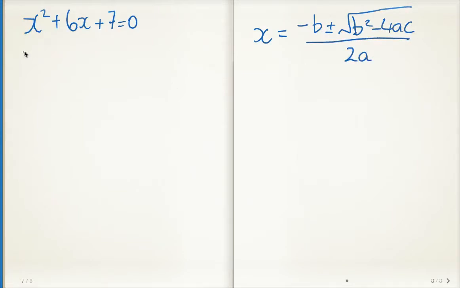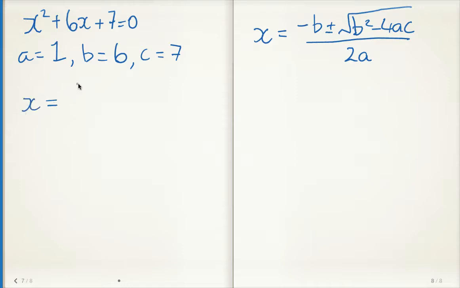Alright, so let's have a look over here. What is my a? Well, this is my a, whatever's in front of that, so that's 1. My b is whatever's in front of the x, so that is 6. And my c in this case is 7. Okay, so I've got my a, my b, and my c, and I can now start solving this for x.